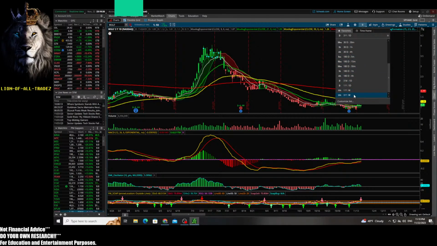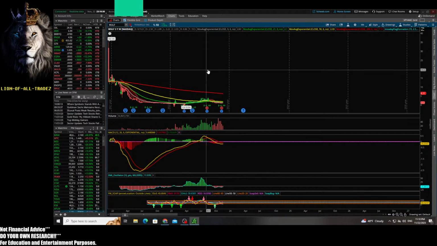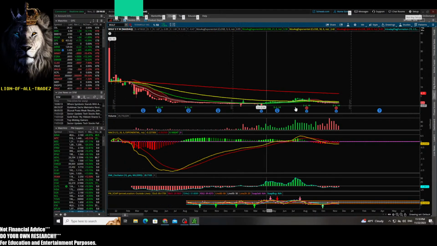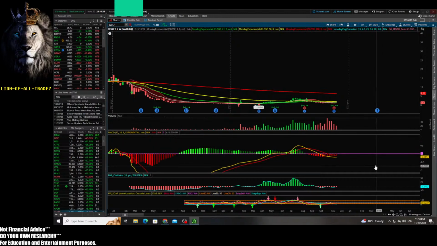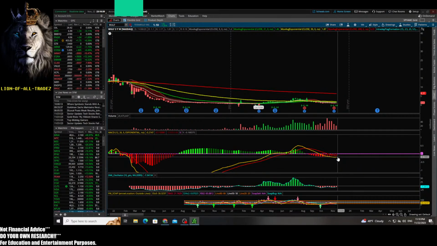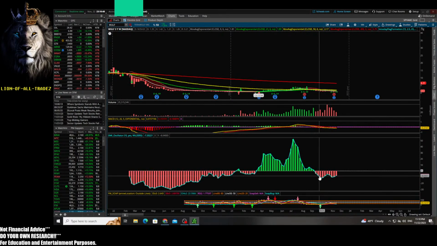Let's check the weekly. Because even on the weekly, it's holding off pretty well. Coming into a MACD cross here, probably in the next few weeks. Here too, see my oscillator.